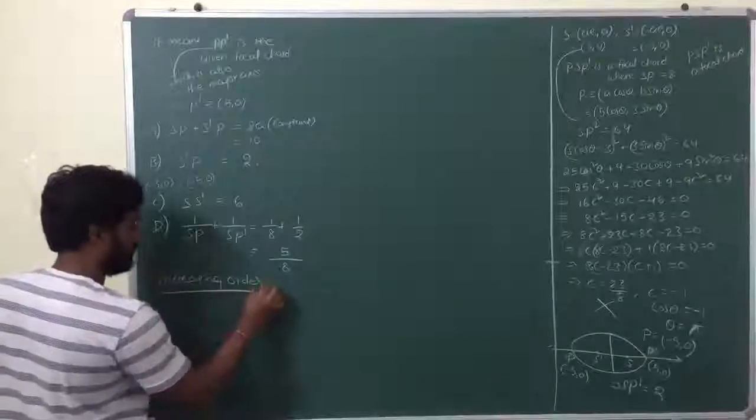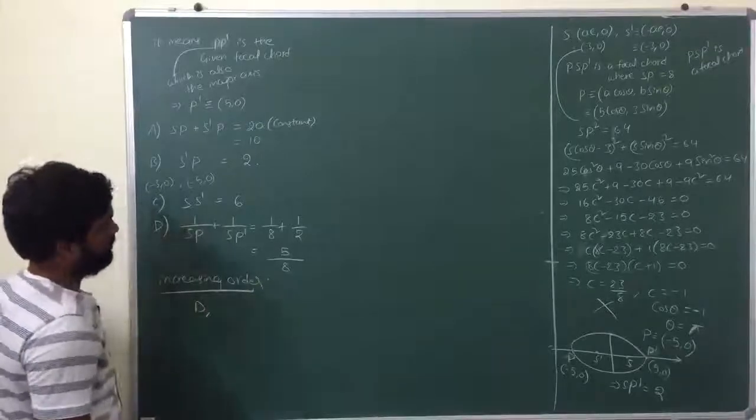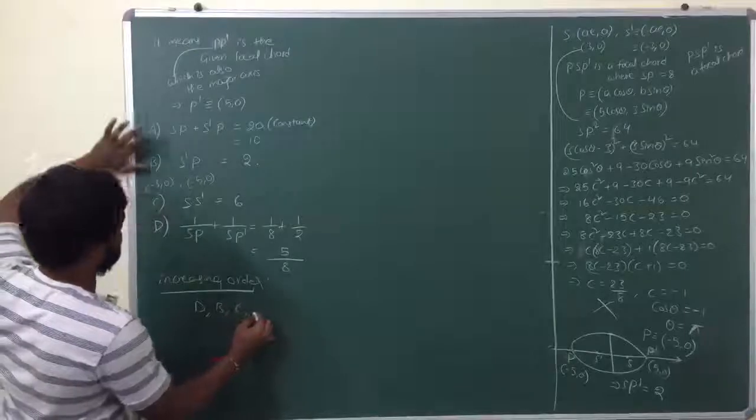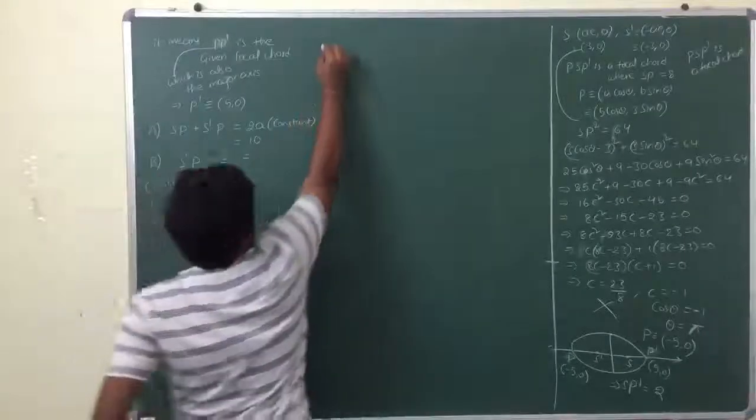Increasing order of values: first D, next B, next C, and next A.